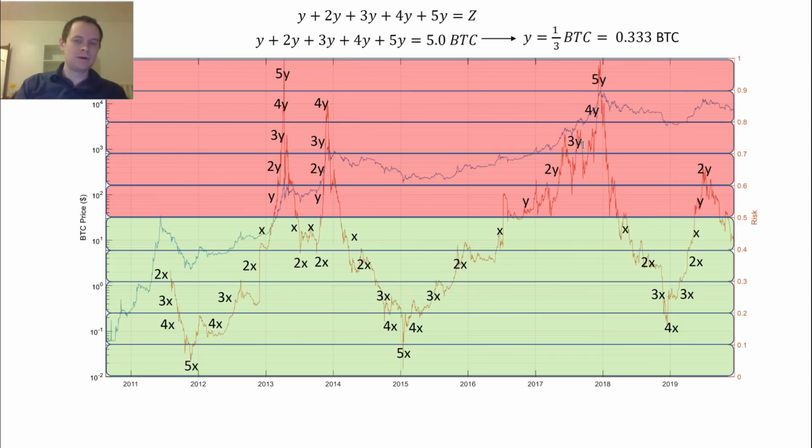Why is that important? Well, here, if you had done the same thing, you would have sold however much Bitcoin you had going into this market region over here. If you had 5 Bitcoin going in, then you would have sold 1/3 of a Bitcoin here, and then you would have sold 2/3 of a Bitcoin here. So you would have sold in total 1 Bitcoin during this region, and then now you would actually be back in the buy region.